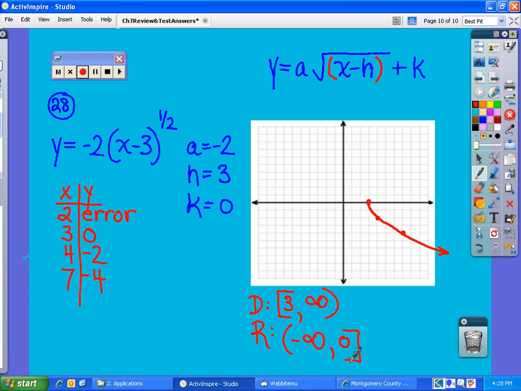In terms of transformations, we have to explain an a equal to -2 and an h equal to 3. Remember, an a equal to -2 actually has two separate effects. The first one would be the effect of the negative, and that negative makes our graph reflect, or flip if you'd like, across the x-axis.